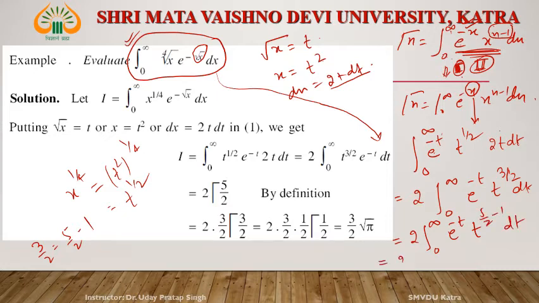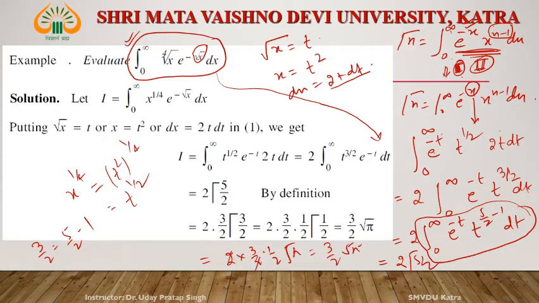Then this is equal to 2 times, by the definition of the gamma function, gamma 5 by 2. And gamma 5 by 2 is 3 by 2 times 1 by 2 times gamma 1 by 2, that is root pi. So this is equal to 2 times 3 by 2 times 1 by 2 times root pi. This 2 cancels out, giving 3 by 2 square root of pi. So the value of this integral is 3 by 2 square root of pi.